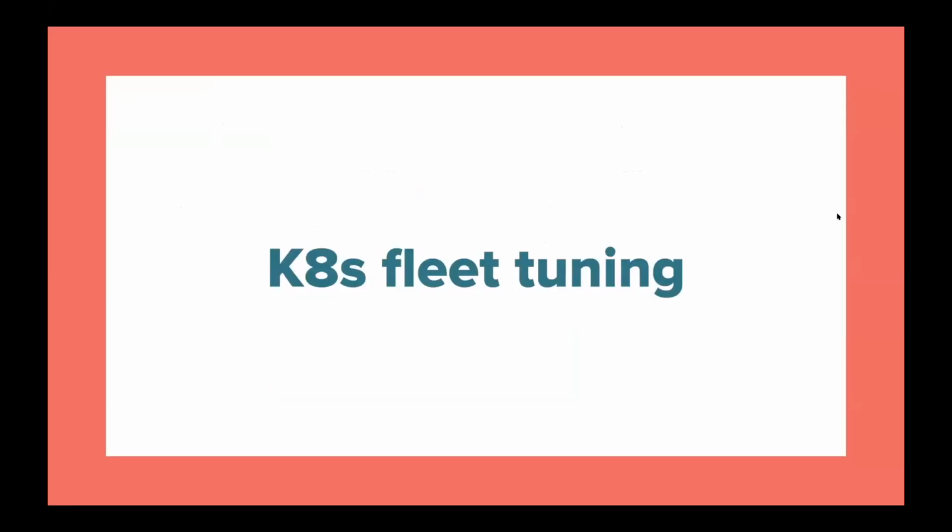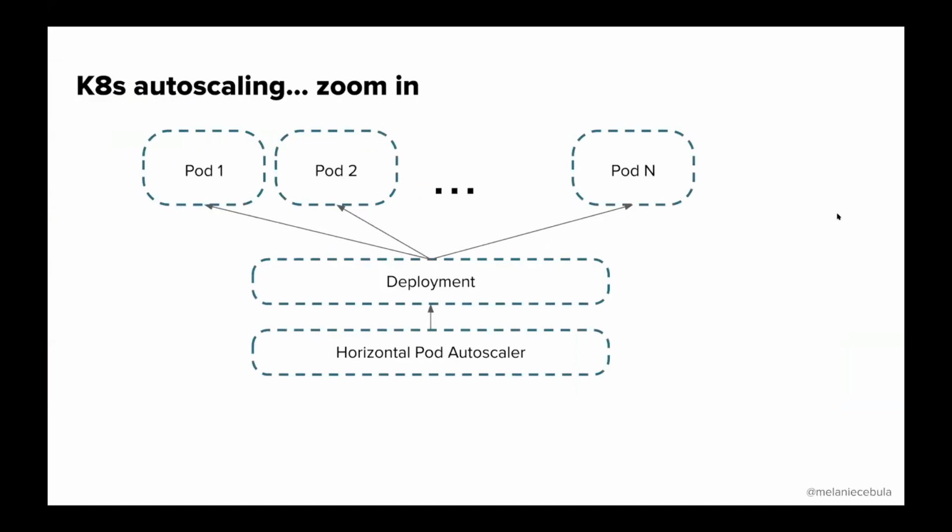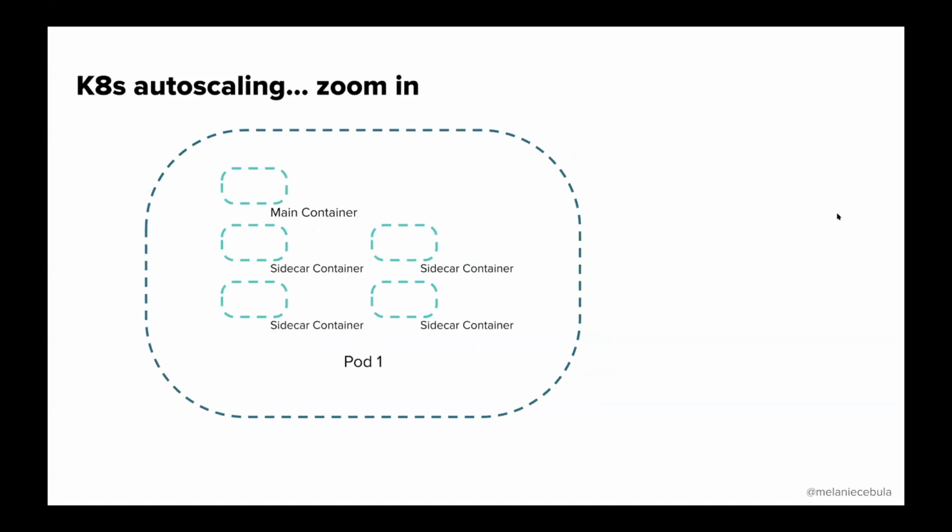Okay, I'm going to switch topics a little bit to K8s fleet tuning. The reason I call this fleet tuning is you need to zoom in to a different level onto the pod, which actually has all these containers, and you need to really think about the overhead of these containers. For us, each pod has a main container. You can think of this as the main web app or the cron job or whatever is running your main logic.